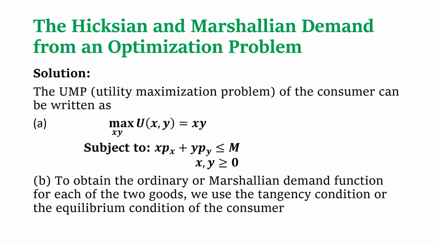Do you all know what the Lagrange multiplier is in a utility maximization problem? It is just the marginal utility of income, right? It's called the marginal utility of income. So that is what we're going to use there. Use the Lagrange multiplier for those who are well grounded in calculus.